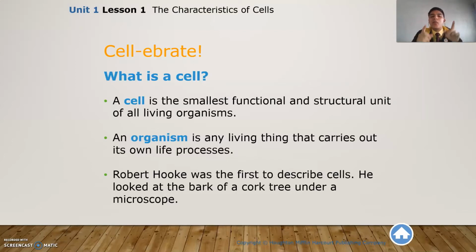But when the atoms bond together and form a cell, that's when we can consider it alive. Atoms are going to form different shapes and different structures, but only the cells are the ones that we consider alive.